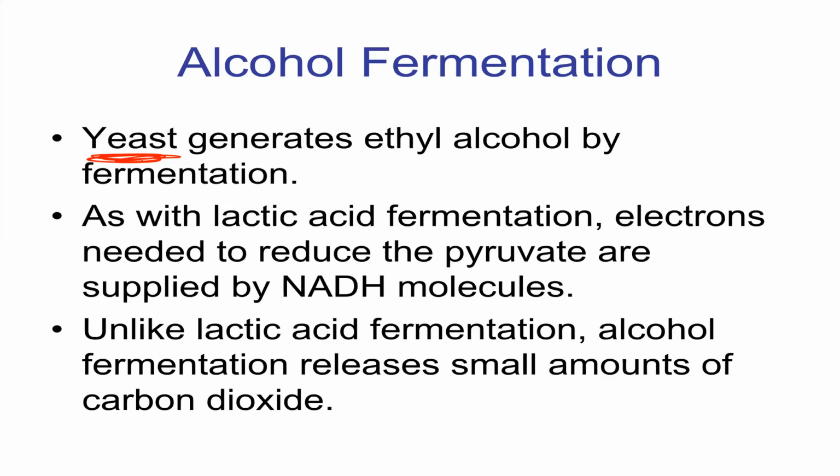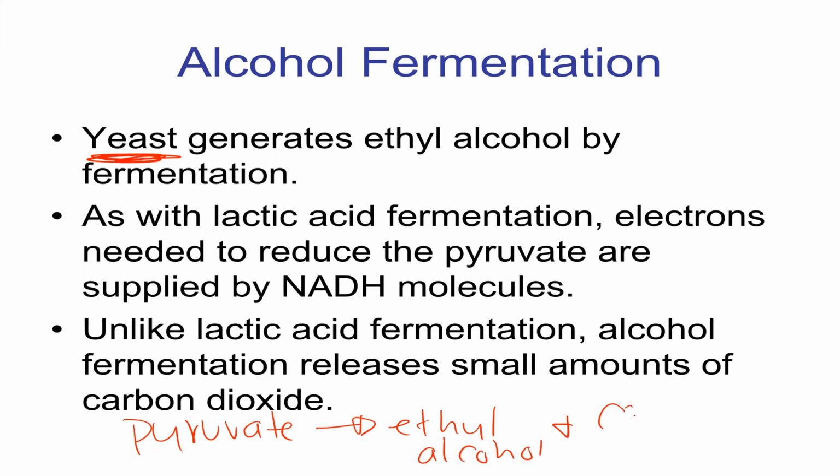So as with lactic acid fermentation, you're going to have pyruvate and you are going to get ethyl alcohol. So pyruvate, you actually get ethyl alcohol and carbon dioxide along with 2 ATP, okay? So this carbon dioxide is what causes bread to rise. When yeast is working on the dough and the flour, it causes bubbles.